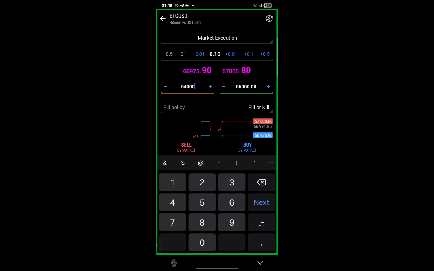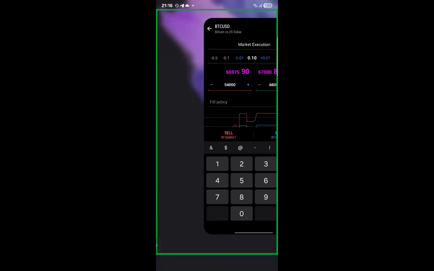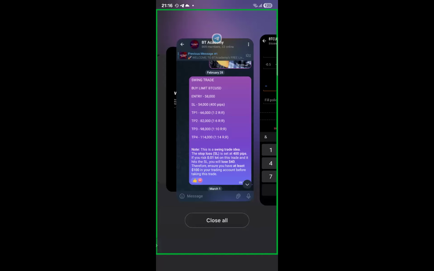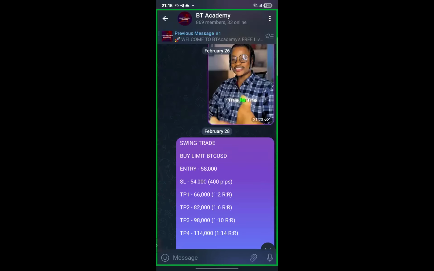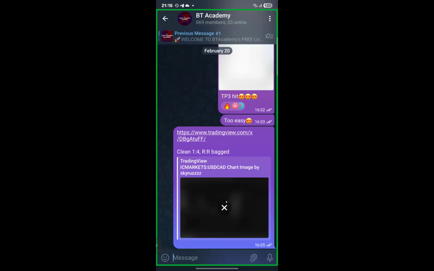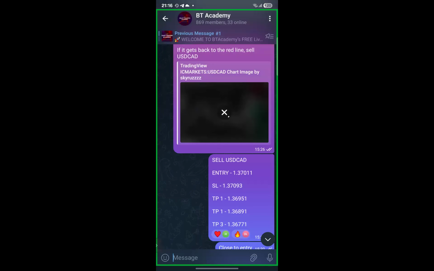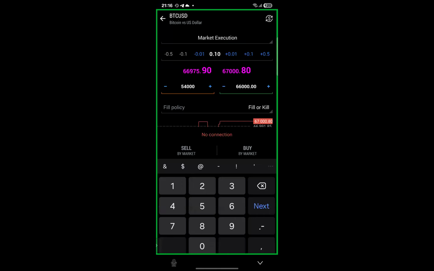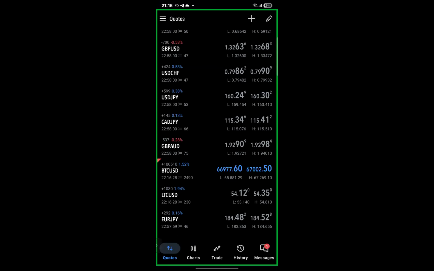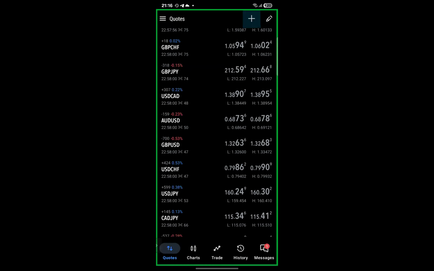Okay. So if you come here again, you'll see I also dropped trades. You see all these trades, see profits. Okay, let's look for that trade again. This is USD CAD. See, this one is sell. Sell, not buy. So for this particular one, you come here. Is USD CAD among these currency pairs here? It's here. If it was not here, I would have clicked on this plus and searched for it, but it's here.